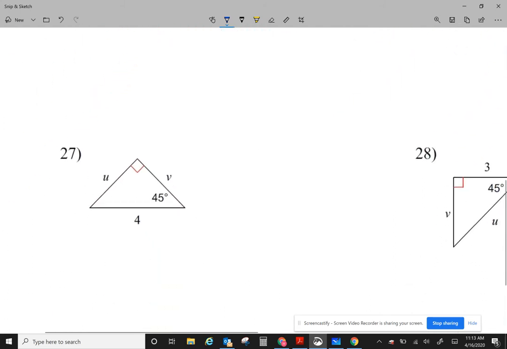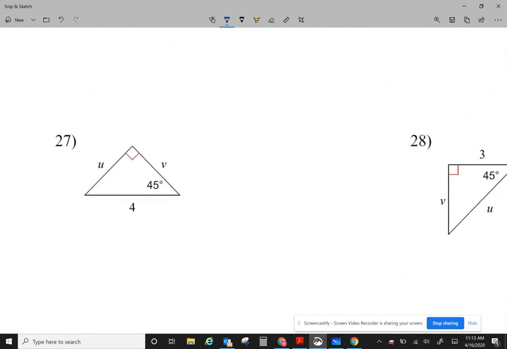Now let's take a look at number 27. I'm starting with the hypotenuse. If I'm solving for v, because I'm going to solve for one letter, I'm going to go 4 divided by radical 2. Remember, I'm starting from the hypotenuse, so in this case, I divide. I cannot have radicals at the bottom, so I'm going to do top and bottom.